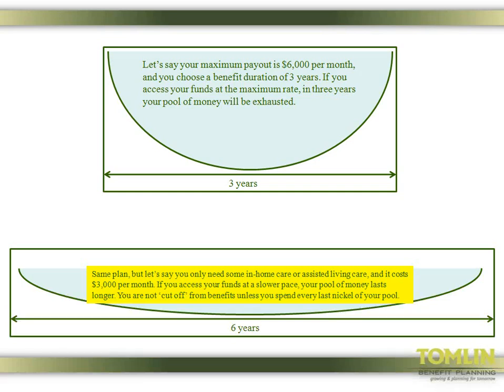So if you spend your money at a slower pace, say $3,000 per month, your pool of money will last longer. And you're never cut off from benefits in these plans unless you spend every last nickel in your pool. So if you were spending money at a rate of $3,000 per month, that would last you 6 years. It would last twice as long.